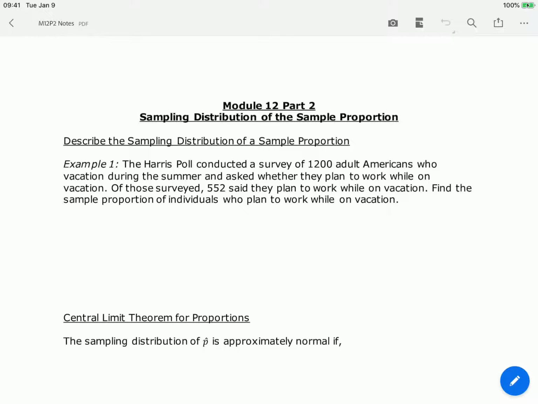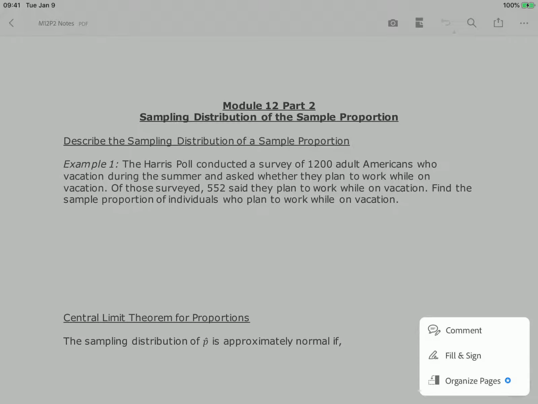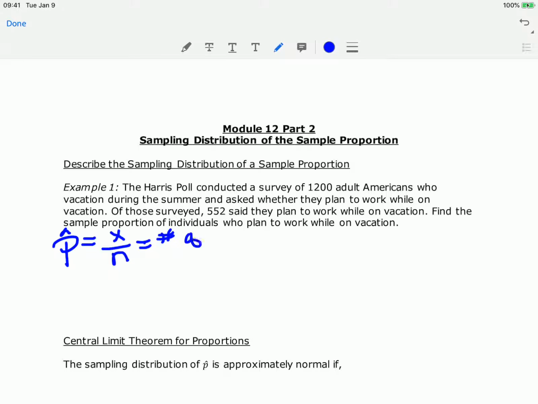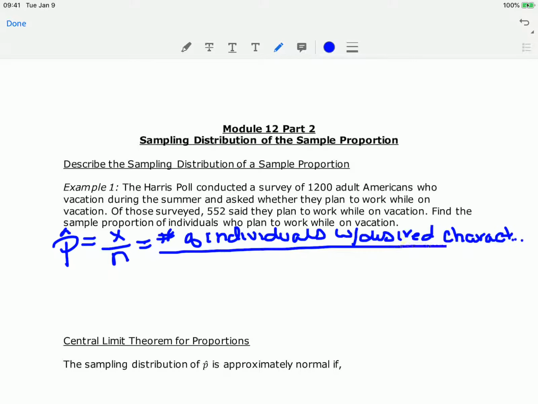The equation to find a proportion is p hat is equal to x over n, where x is the number of individuals with the desired characteristic, and n is your sample size.